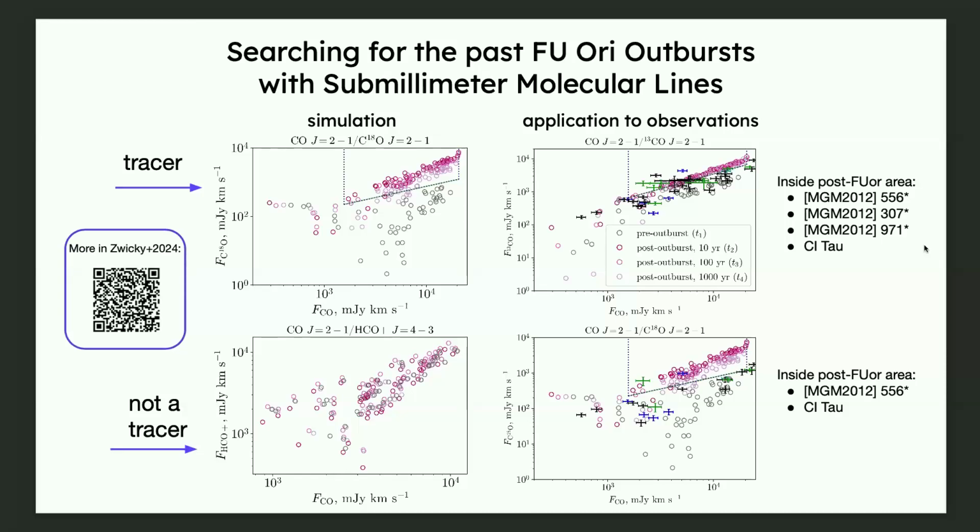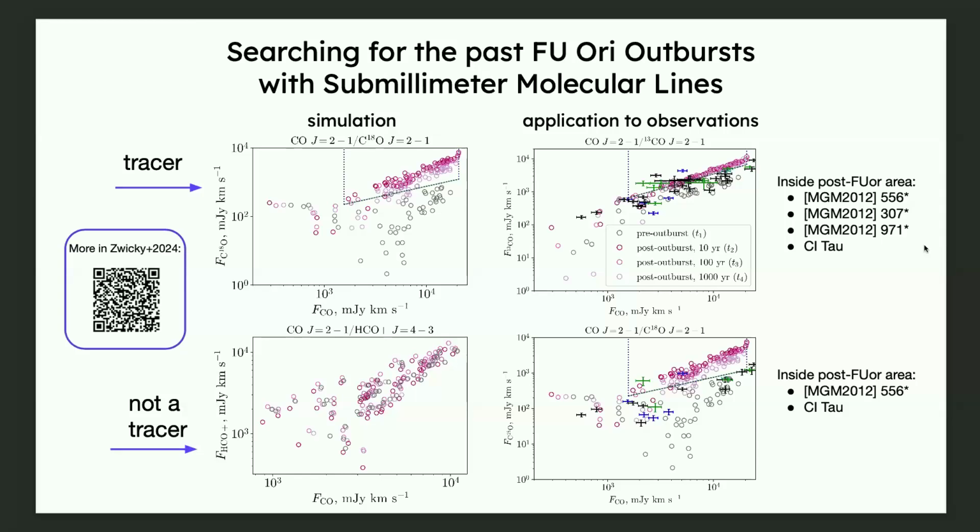For that, we chose 8 molecules and 1 line per molecule, and searched for tracers in the form of a line pair that have, on these flux diagrams on the left of the slide, a significant difference between pre- and post-outburst fluxes.